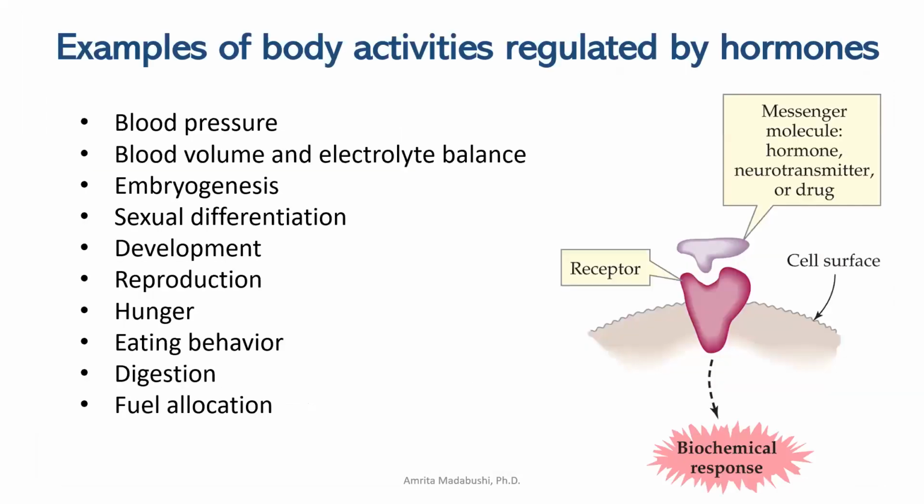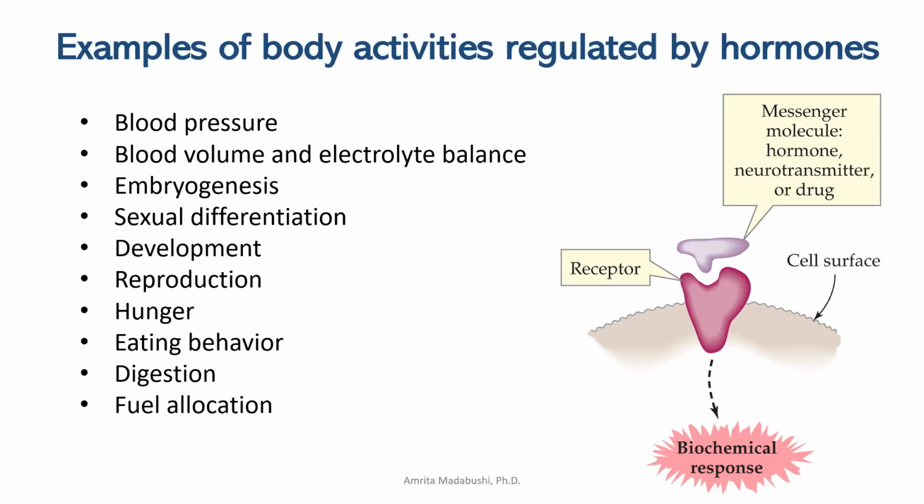So with that basic understanding, it's not hard to imagine that it can regulate a lot of activities, from blood pressure to electrolyte balance, to the development of the human body and sexual differentiation. Up to, I think, 6 weeks or so, there is no difference between a boy and girl.